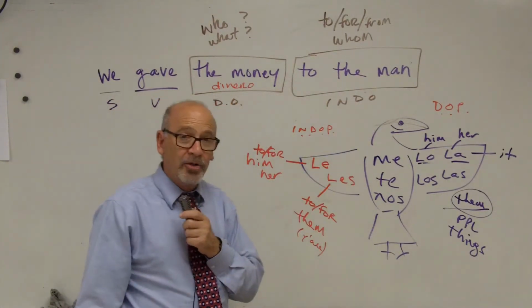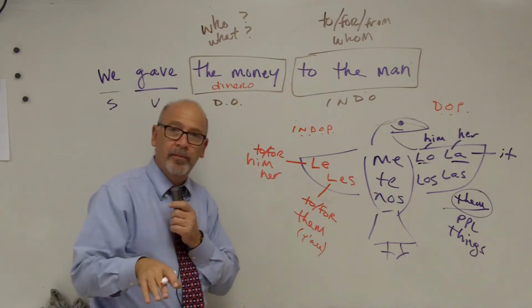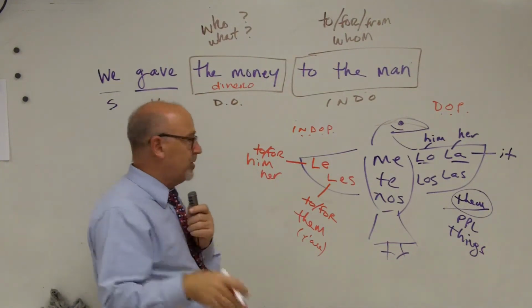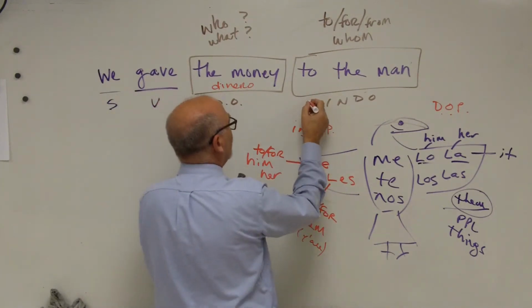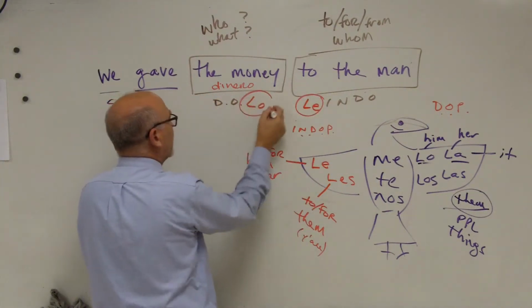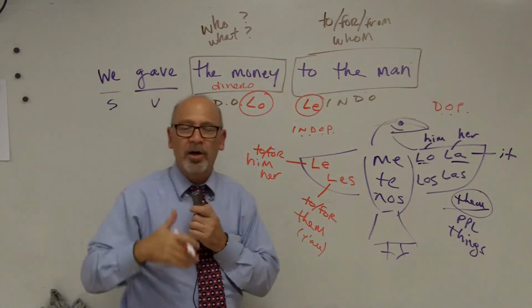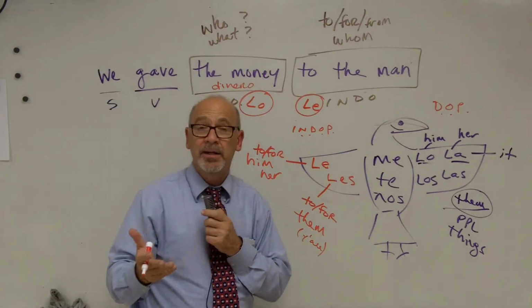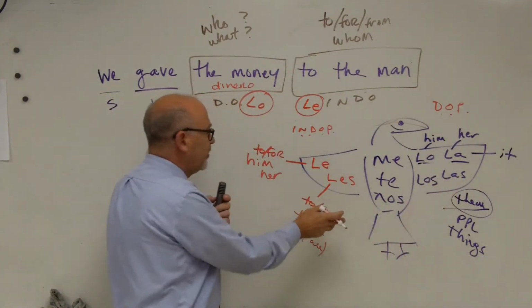But instead we're going to change it out. I know what word you picked already. It's so easy. It's not plural. It's this. So here you would pick the word le. Here you would pick the word lo if you were choosing both. Now we're putting the cart before the horse a little bit, but you kind of get an idea of how we contrast the direct object pronouns with the indirect object pronouns.